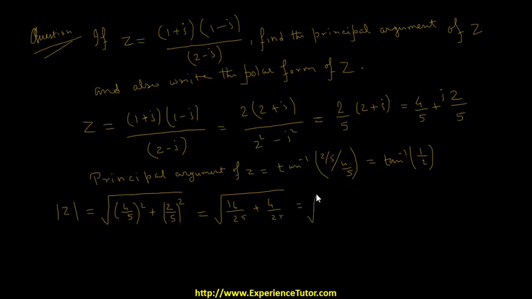Upon solving, we'll get 20 upon 25, which is equal to 4 upon 5.